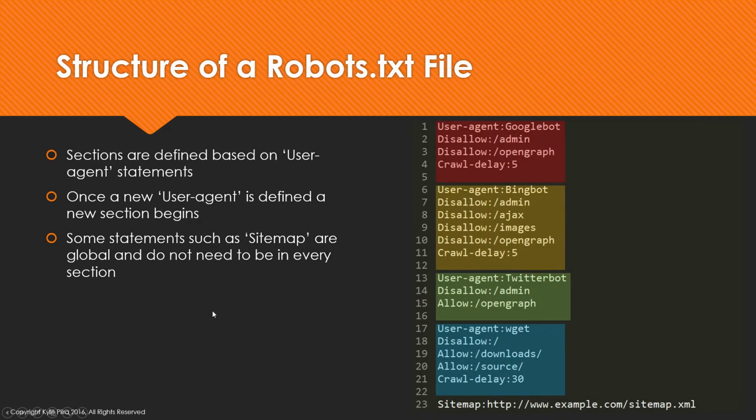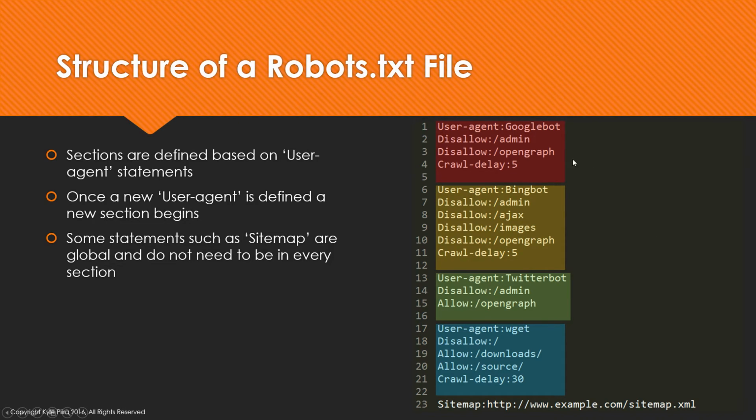Now, here's something I think is really interesting, because it's not inherently obvious when you first look at a robots.txt file, because it doesn't use any tabs or indents or anything like that. But there actually is a kind of group system here.